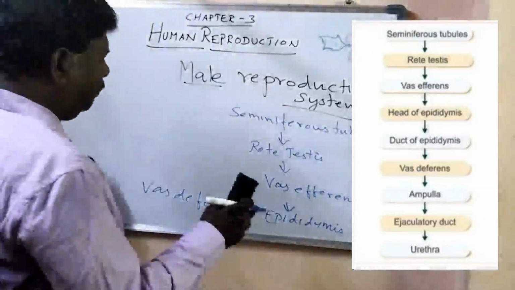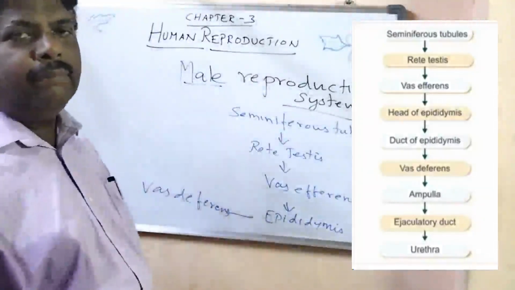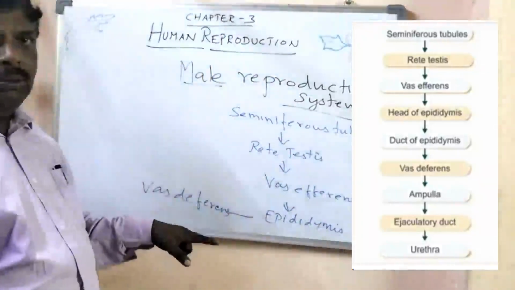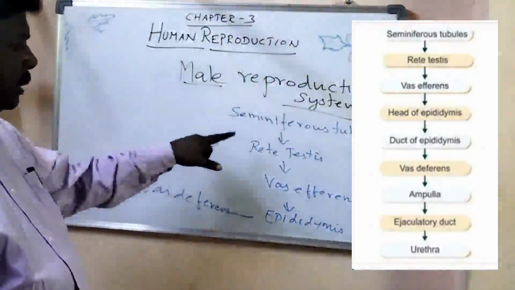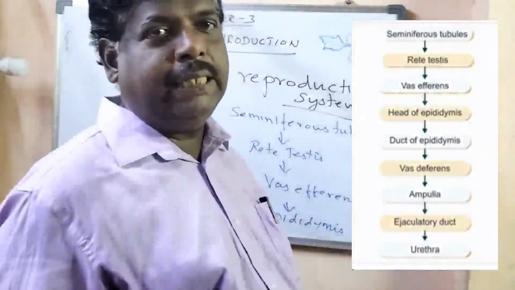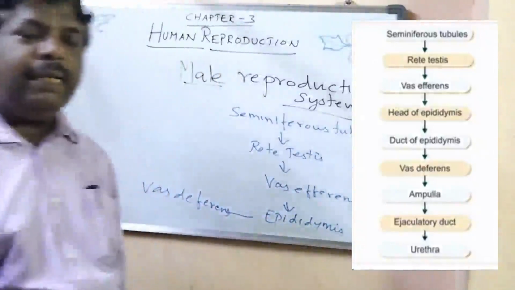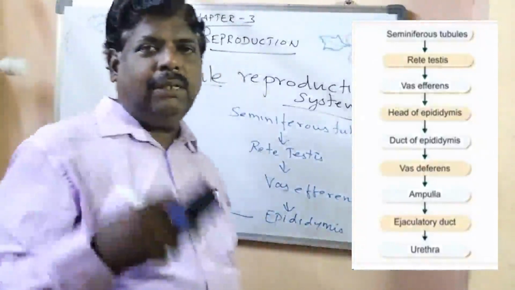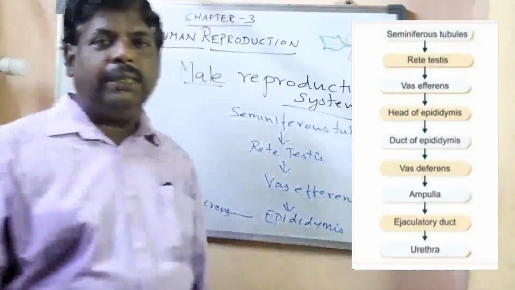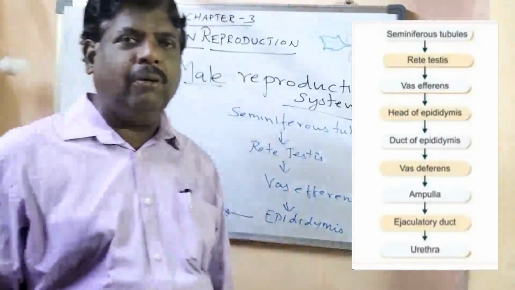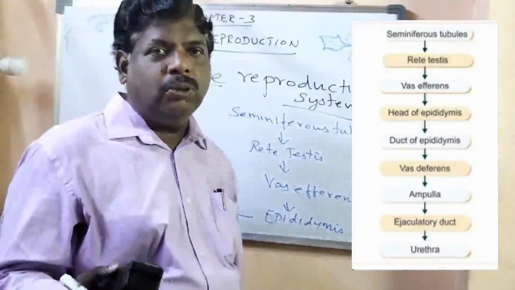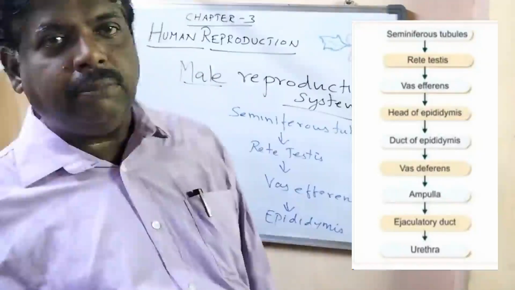At the same time, as it passes like this, we have a gland called the seminal vesicle. From there a duct will arise, called the ejaculatory duct, that will also enter the urethra. The purpose of the ejaculatory duct is to store and transport sperms.